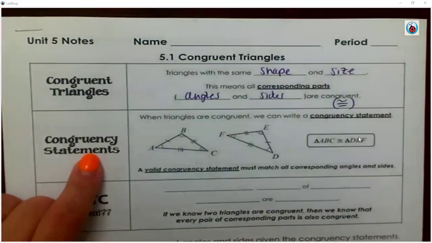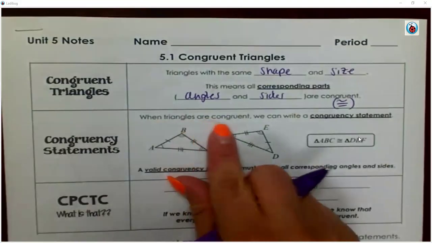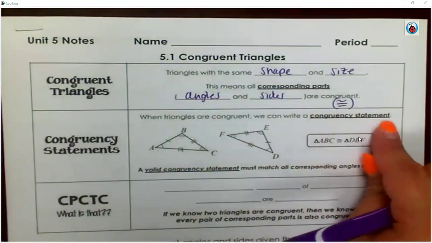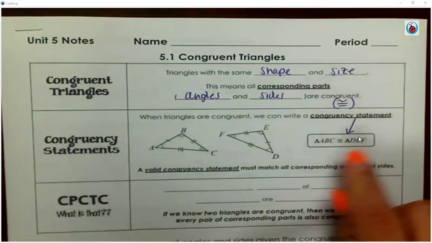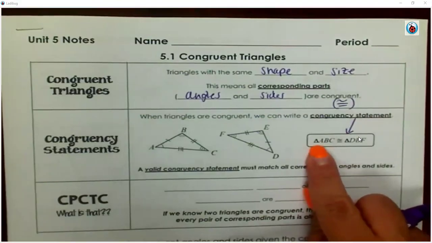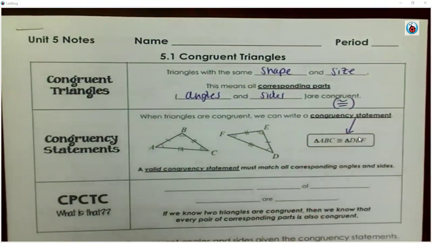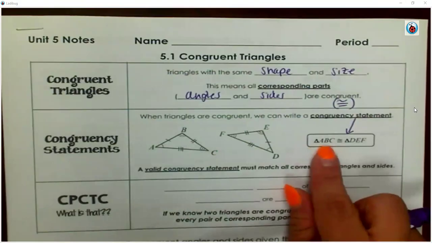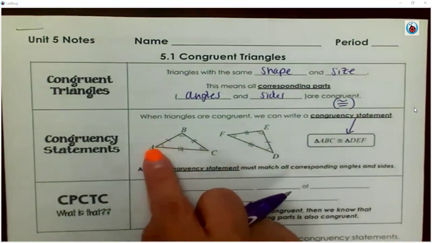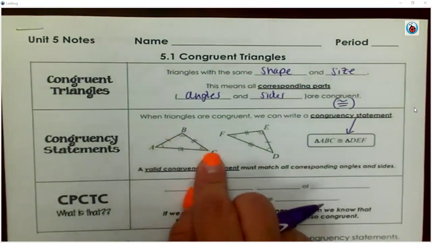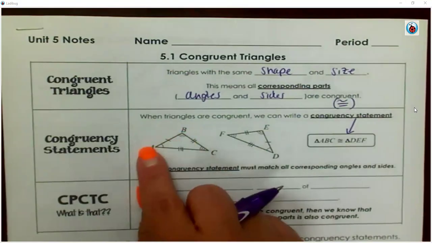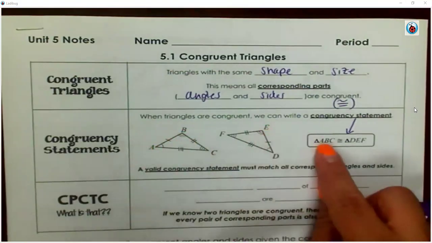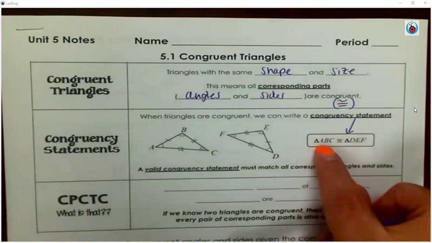Now, when triangles are congruent, we can write a congruency statement, and this is an example down here. Here we have triangle ABC is congruent to triangle DEF. And so you can see here that in triangle ABC, side AB is congruent to DE, and the order matters in the way they are written.